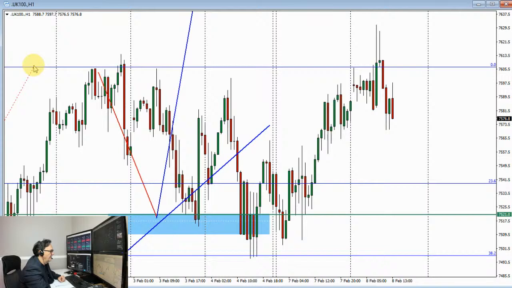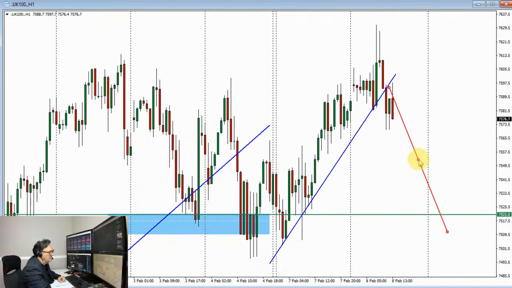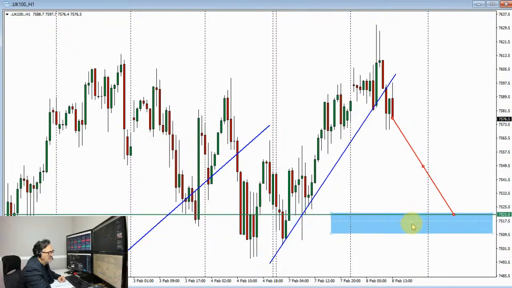Let me just delete some of these annotations, and then they'll make sense. What I'm looking for from a FTSE point of view is potentially for the price to carry on falling, and come down to this level, this area here, 7520.